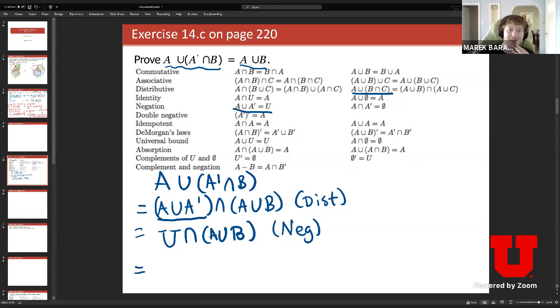And then what I marked people down for on the quiz. What should I do next? Identity. Yes. So if we look at identity, commutative. The universal set is on the left side. So we need to do the commutative rule.